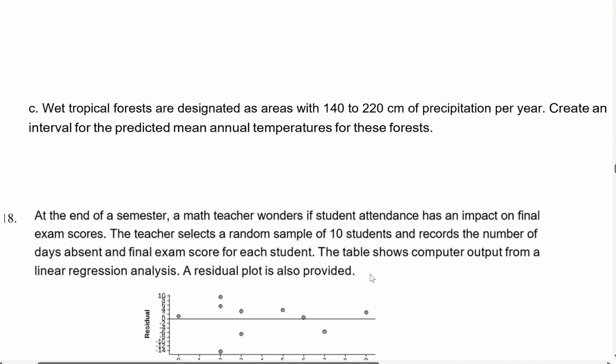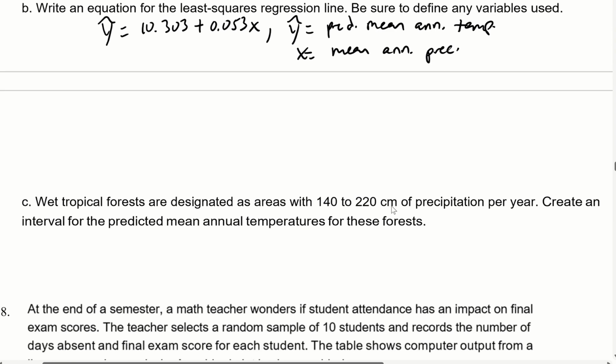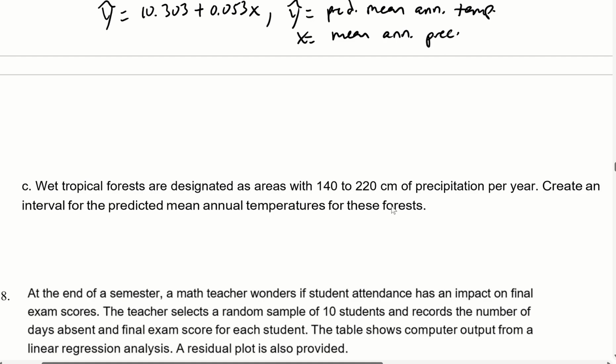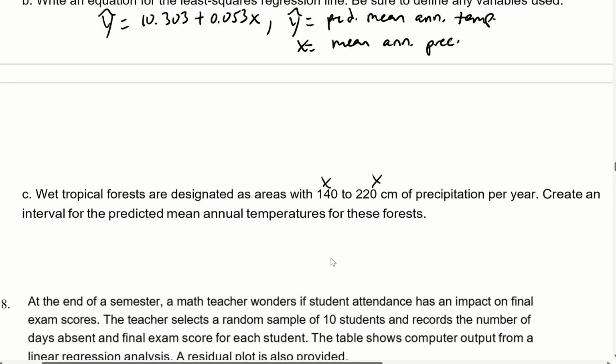All right, part C: wet tropical forests are designated as areas with 140 to 220 centimeters of precipitation per year. Create an interval for the predicted mean annual temperature. So basically this is like your x, and that's also an x. You're plugging in x twice to get two different y hat values. So we'll plug in the 140 first.